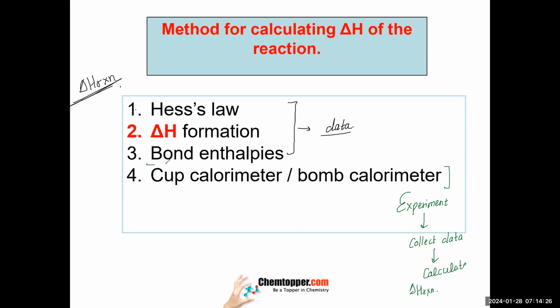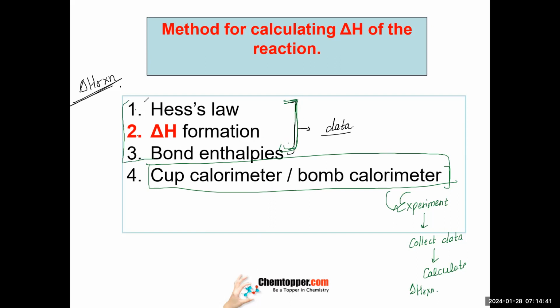This is completely experimental: cup calorimeter and bomb calorimeter. This is completely theoretical. So I'm planning to finish these 1, 2, 3 today because it's just theoretical. We are going to do plenty of questions. So please understand everything. Hess's law is very simple also. Okay, ready?